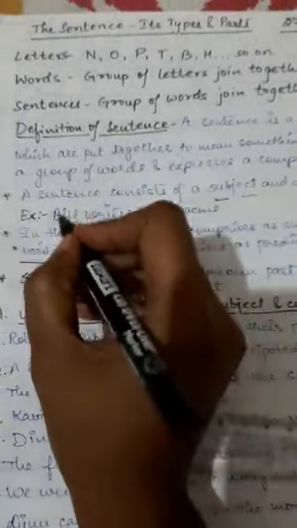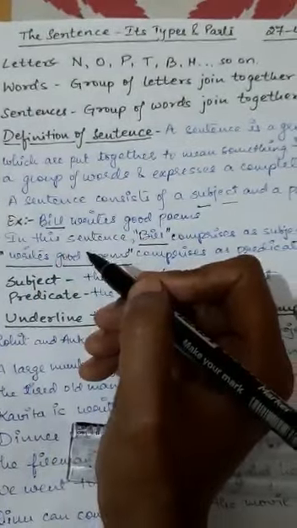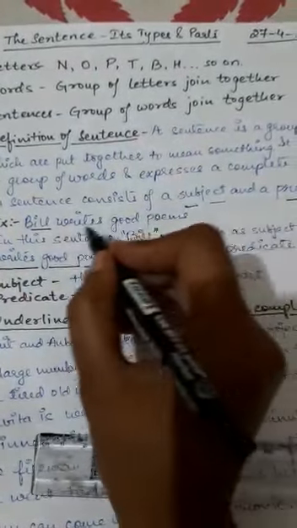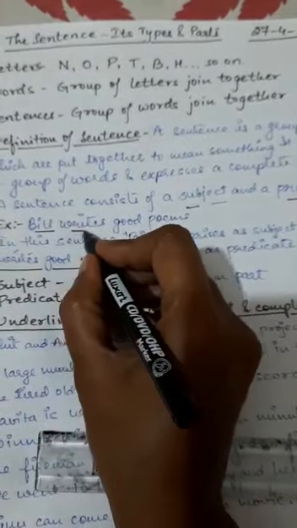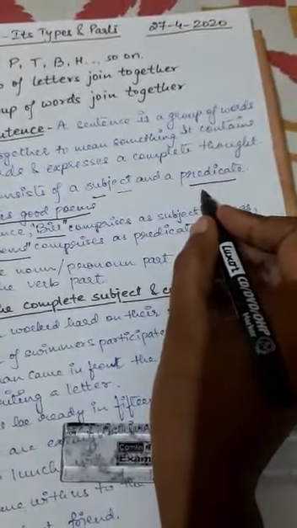That means Bill comes under subject and writes good poems comes under predicate.